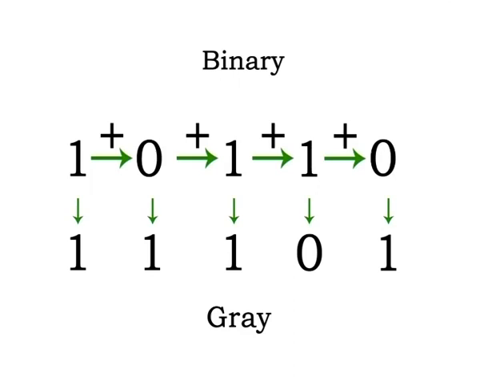The third most significant bit in the Gray code number is obtained by adding the second MSB and the third MSB in the binary number and ignoring the carry if any. The process continues until we obtain the least significant bit or the LSB of the Gray code number by the addition of the LSB and the next higher adjacent bit of the binary number.